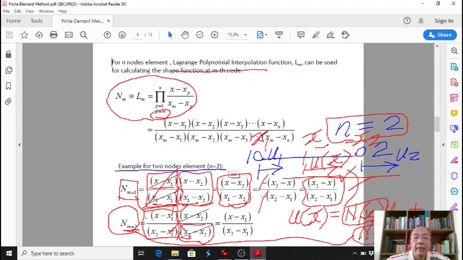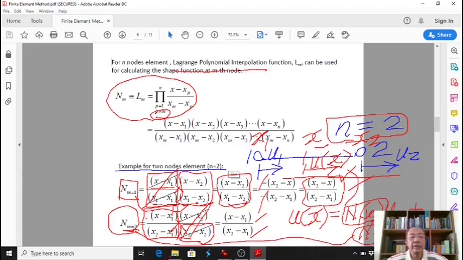So when m equals 2 and p equals 2, we need to cancel this term. So we just have x minus x1, and at the bottom x2 minus x1. This condition we need to consider because m is not equal to p.